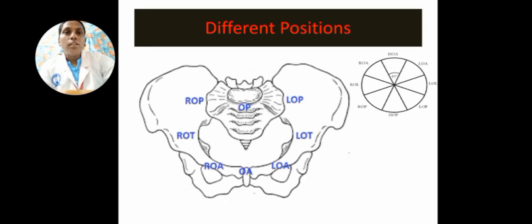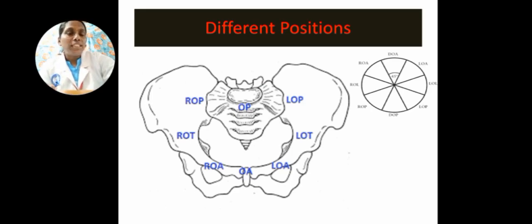Similarly, when the occiput is facing the left iliopectineal eminence, we say left occipito-anterior. When the occiput is facing the right iliopectineal line, then the name of the position is right occipito-transverse. And if it takes left, then the position is left occipito-transverse.